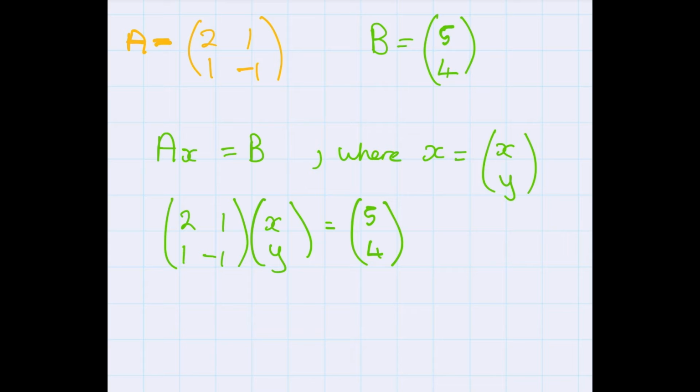And if we multiply out these two matrices, we will indeed get what we were expecting. So you get 2 times x plus 1 times y in the first one, and 1 times x minus 1 times y.